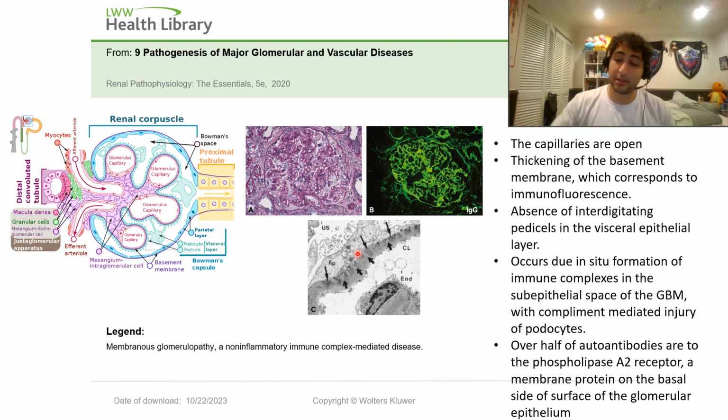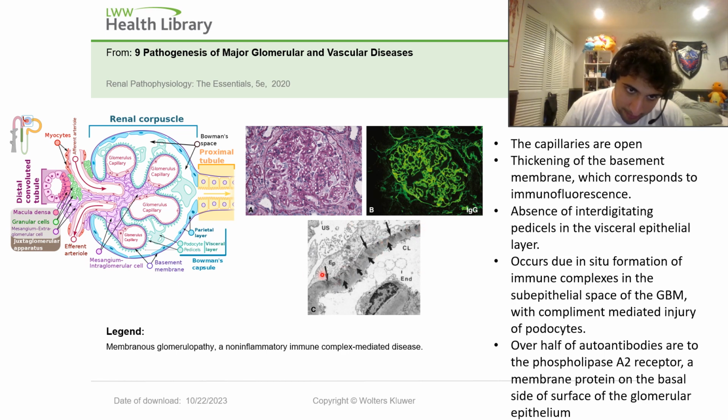Usually whenever there are two competing theories, it's a mix of both. So is there a circulating antigen? Yes, that can cause it. Can it happen in situ? Yes, that can happen. The big overarching point is that it's a subepithelial immune complex disease, as manifested by the spike and dome appearance.